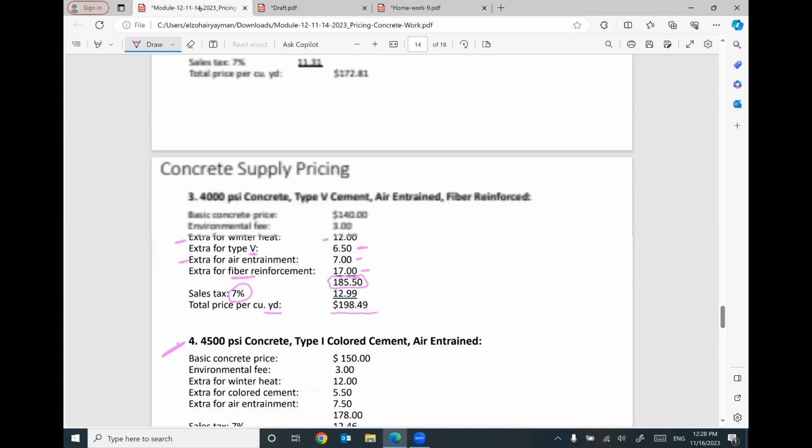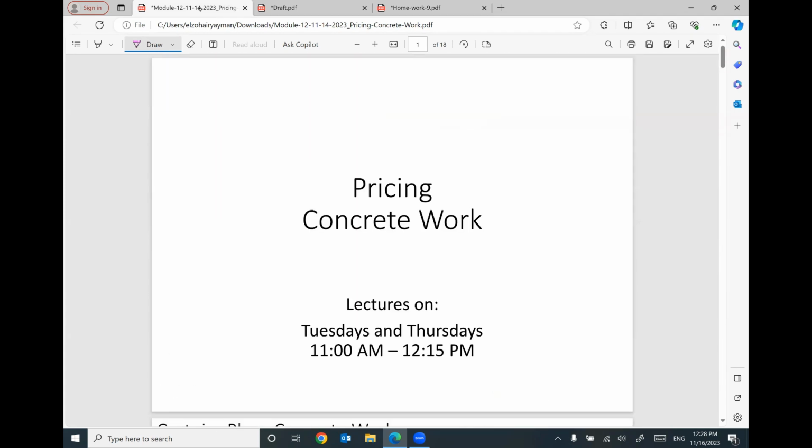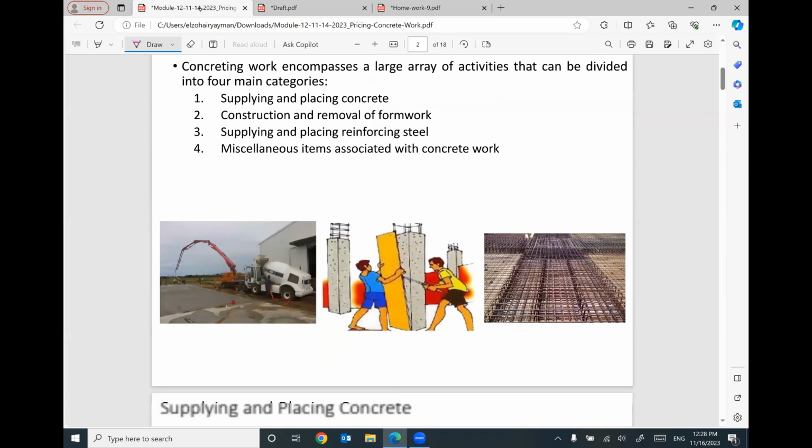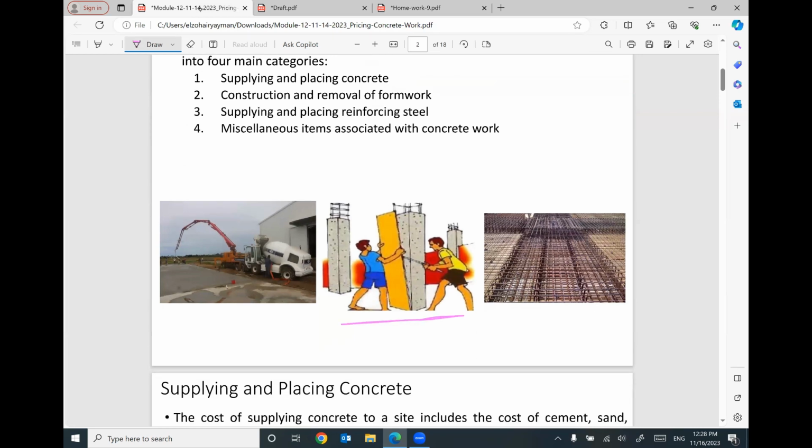Also, if you would like to price concrete work, you have to consider the cost of the labor to erect concrete forms and remove them. Erection and removal of formwork.